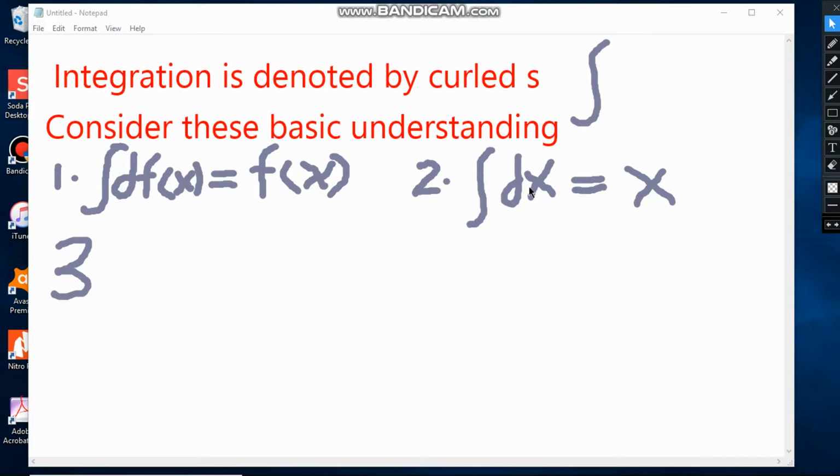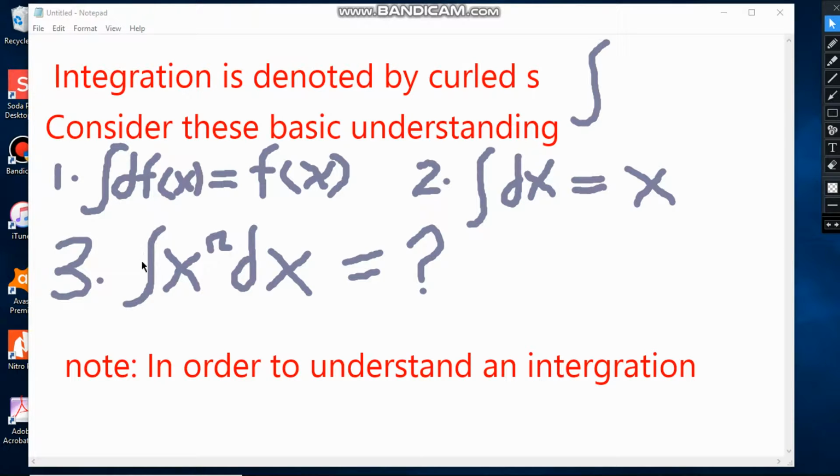And the same is true if x is behind the derivative of x, we talk of other things. But if x is in front of the derivative of x, the integral sign cancels with the derivative sign to give out x.